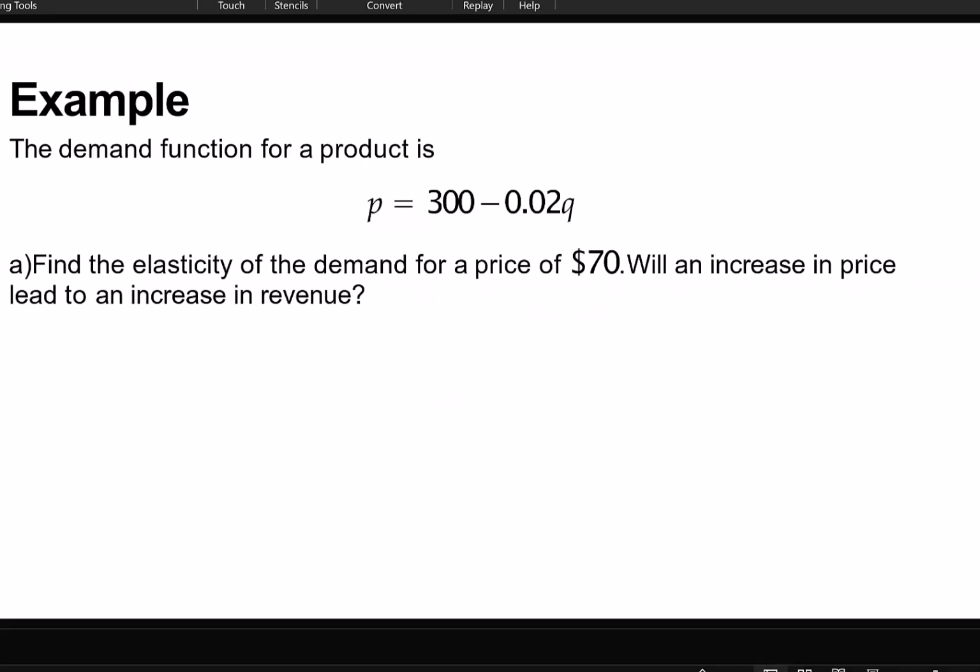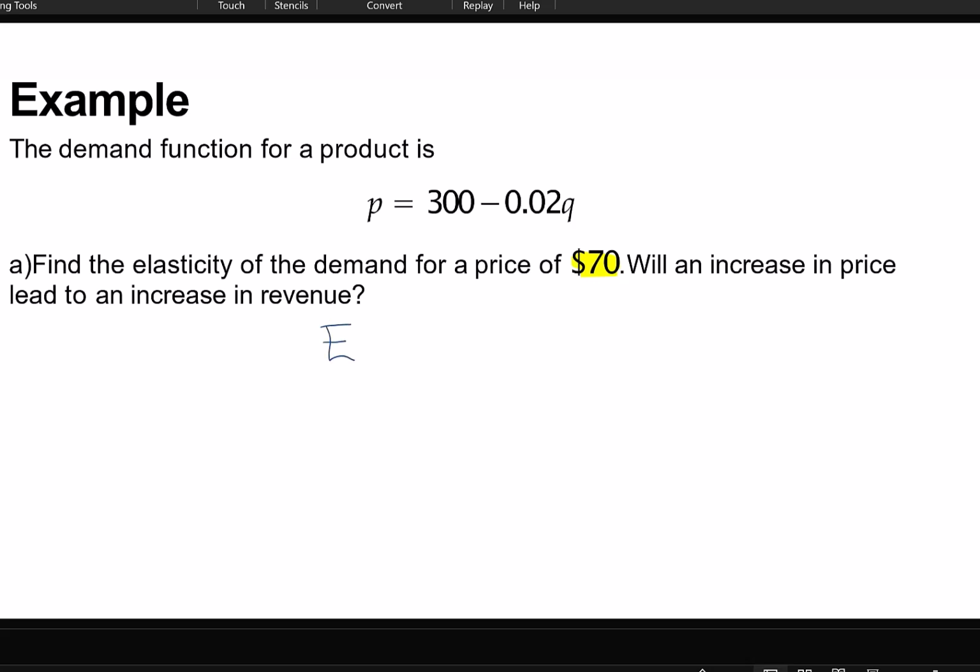Here's our first example. The demand function for a product is P equals 300 minus 0.02 Q. And I want to find the elasticity of the demand for a price of $70. Will an increase in price lead to an increase in revenue?